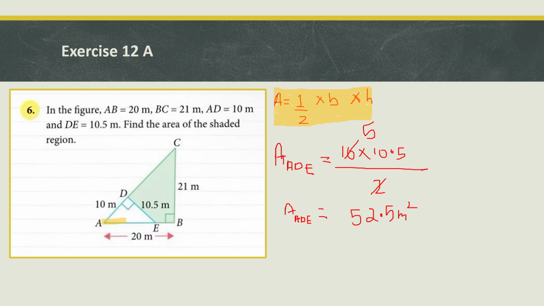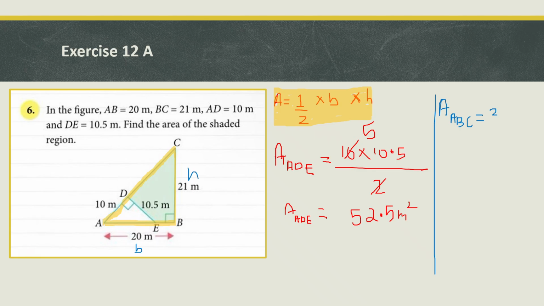If you see, this is a big triangle ABC. Now area of ABC is equal to, so this is the height and this is the base for this triangle.